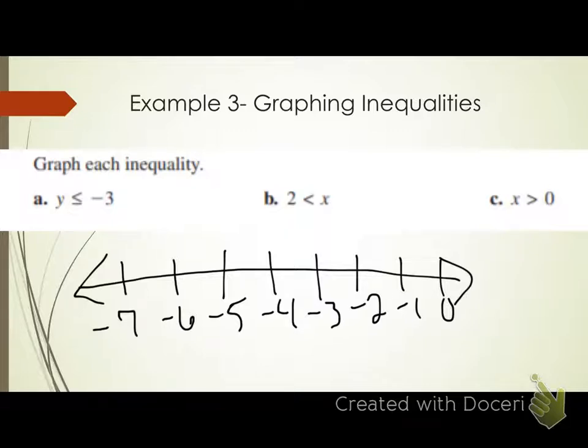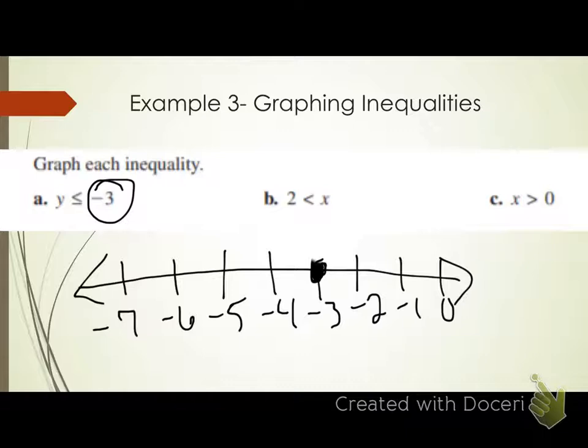So the number that I'm putting my point on is negative 3, but I need to make sure I know if it's an open or closed dot. If my inequality has a line under it, meaning it's equal to, in this case less than or equal to, that means that my number is also a part of the solution set. So if it has a line under it, it gets a closed in dot. Just like that.